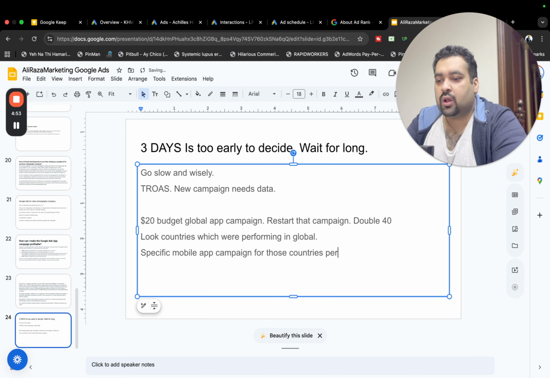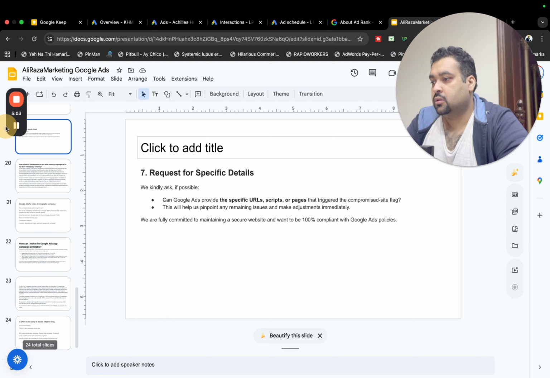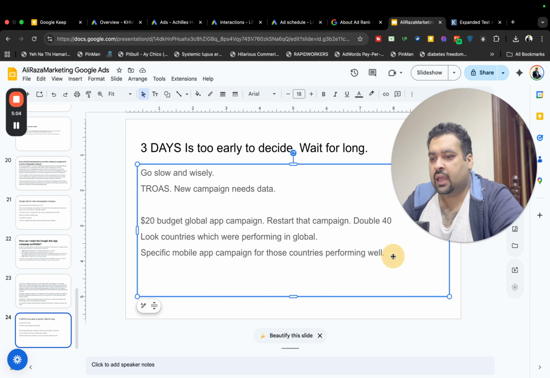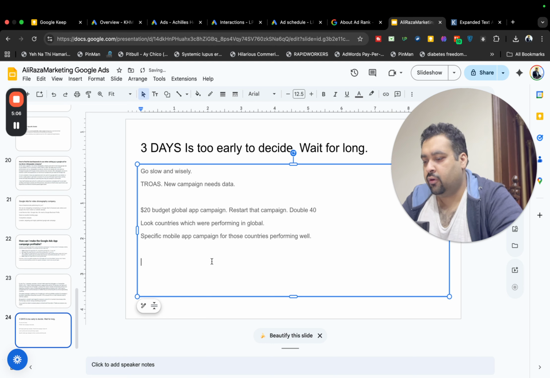I'm going to put my bet on this: look for those countries which are performing well, and market those. I think I'm going to wait 7 to 10 days to see the campaign performance and then decide.